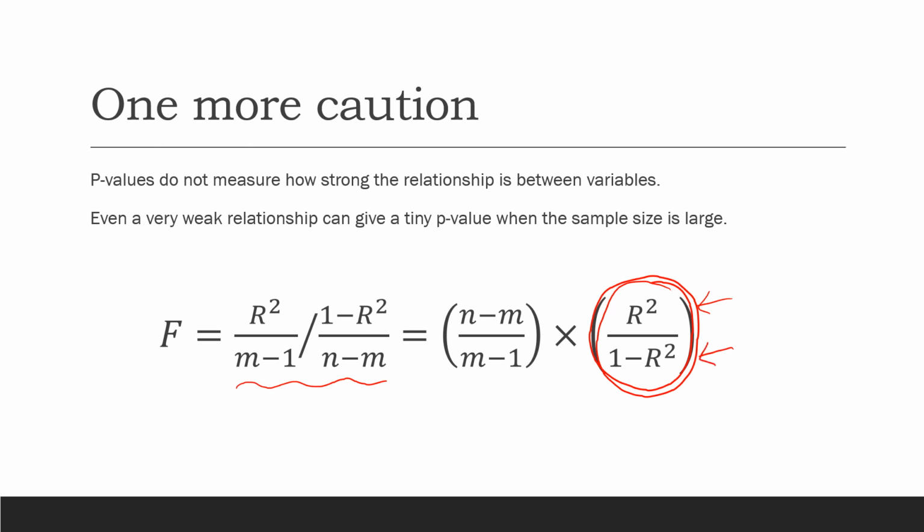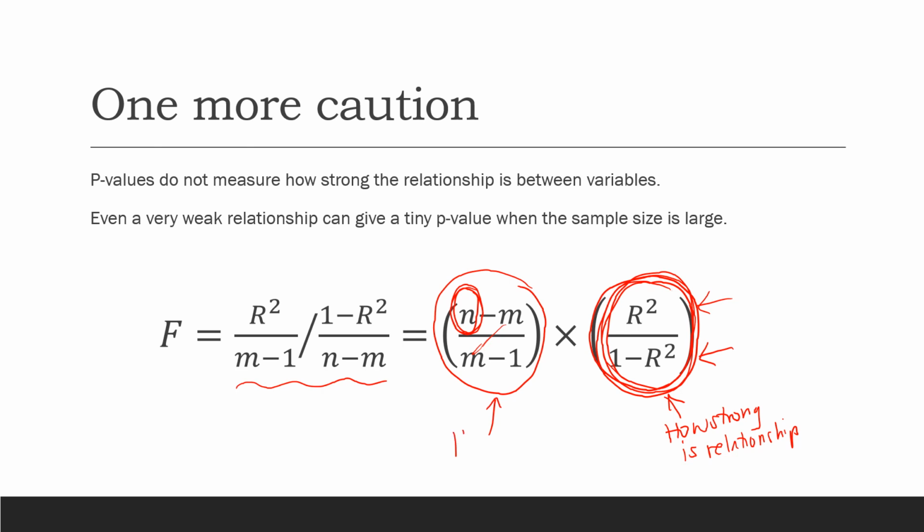And so this part being large gives me a measure of how strong the relationship is. But this other piece, if I have a very large sample size and a modest number of variables that I'm including in my model, is really measuring how much information I've collected. How much data did I collect?